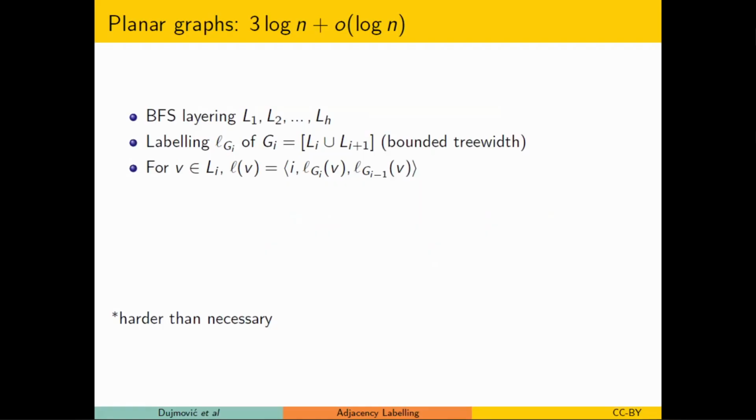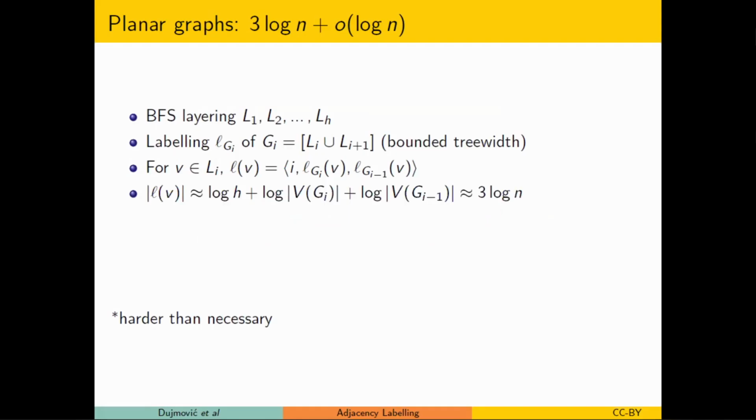If the vertex is in layer I, it will appear in the graph for layer I minus 1, and it'll appear in the graph for layer I. Okay, so you give that vertex its 2 labels and an integer which tells you which layer it's in. So it's a 3-part label.